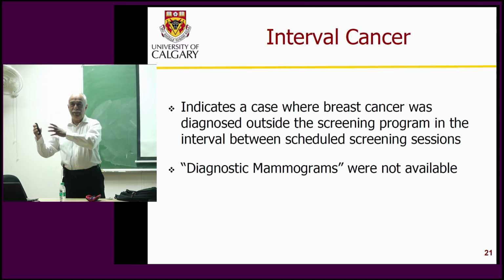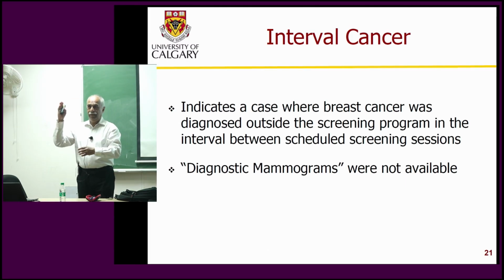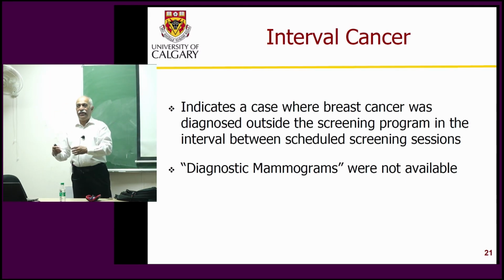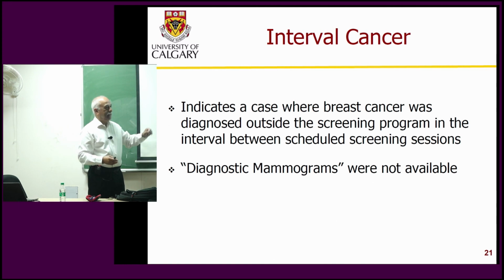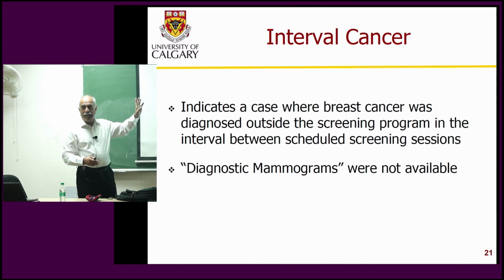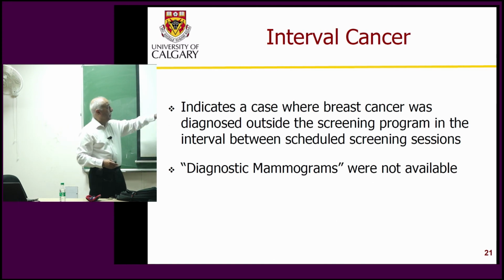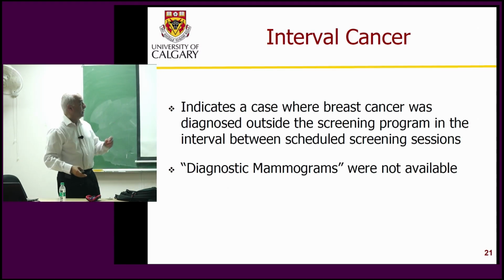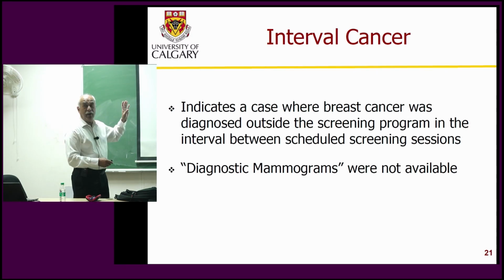That information, the mammogram taken for diagnosis, is not available to us. That is not shared. Only the information that she did develop cancer goes back to the screening program. So the diagnostic mammograms were not available. It is called an interval cancer, just a name for the terminology here.